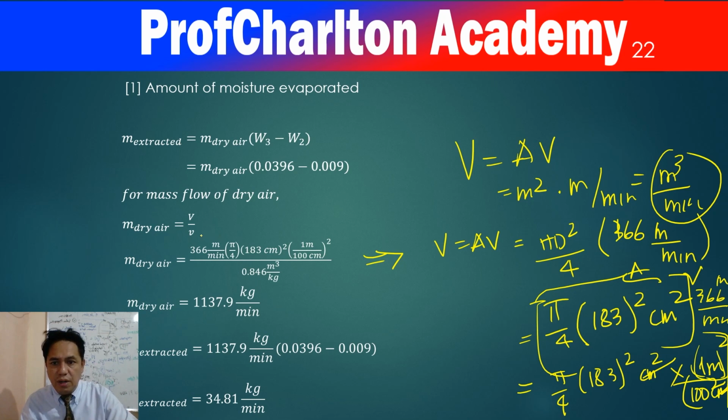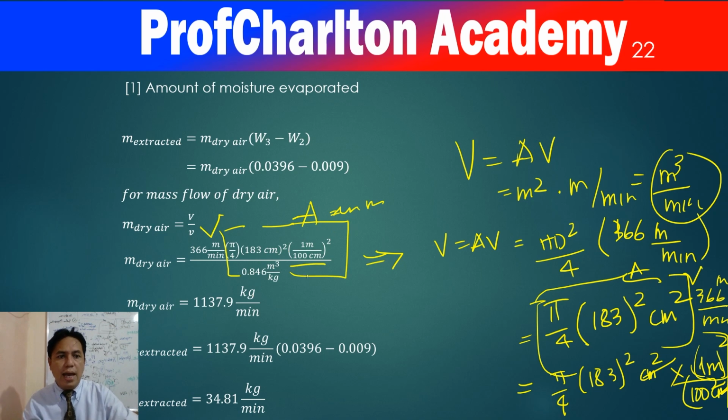So this one is the velocity. This one is the area, in meter because of this: 100 centimeter, 1 meter, then you both square.